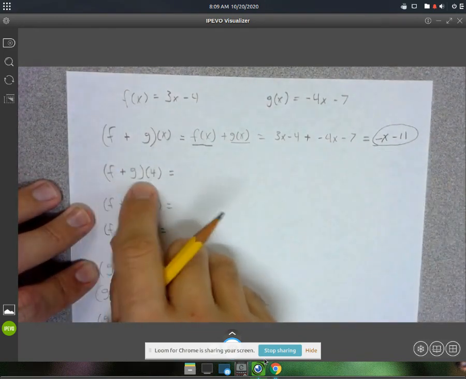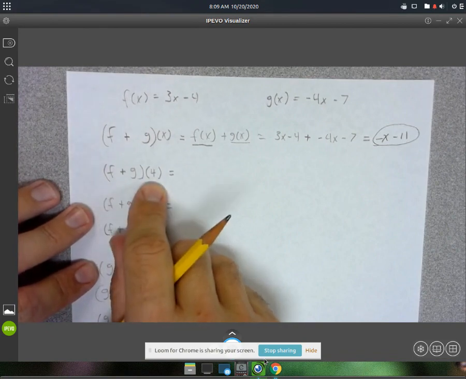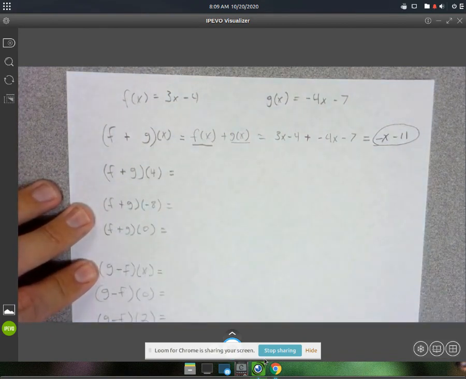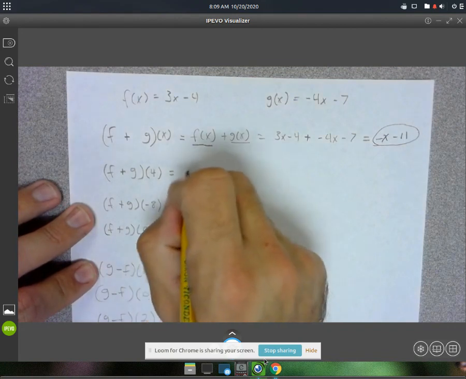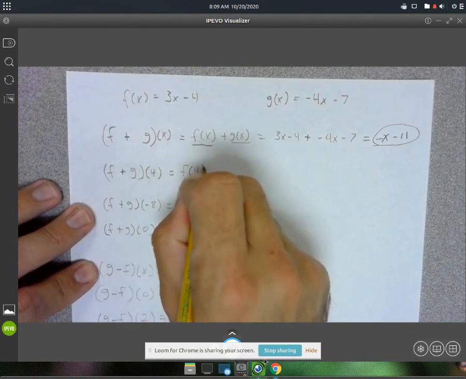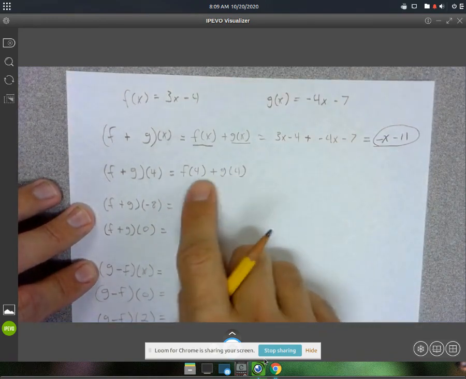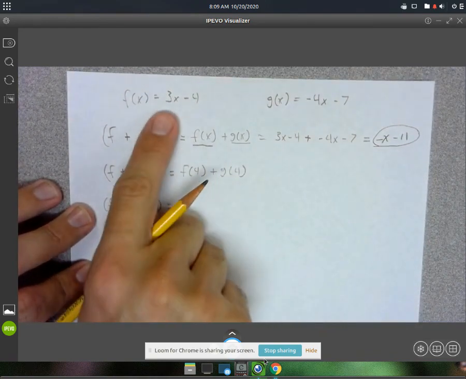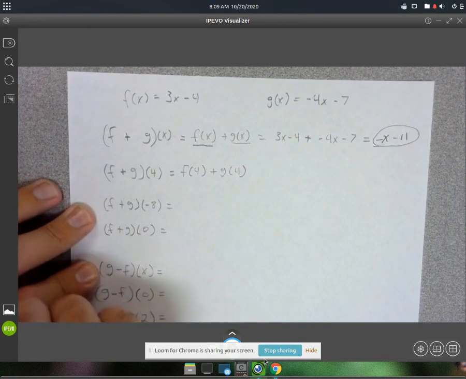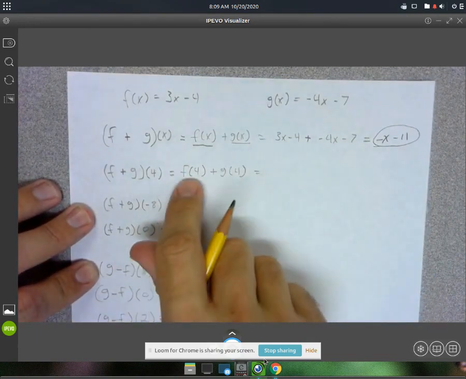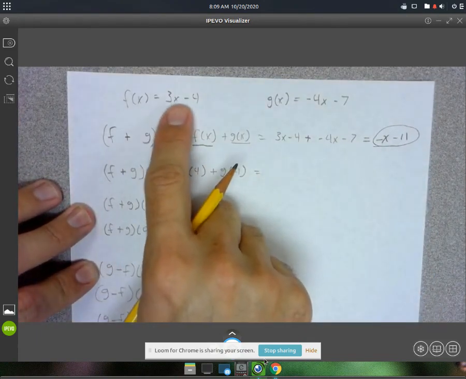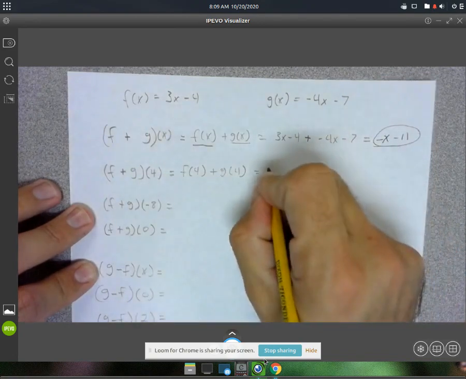So for f plus g of 4, there are 2 ways to do this. One way is you could rewrite it first: f of 4 plus g of 4. This is simple enough to do. You could just plug in 4 for x on the f function. So f of 4 would be 3 times 4 is 12, 12 minus 4, that's 8.